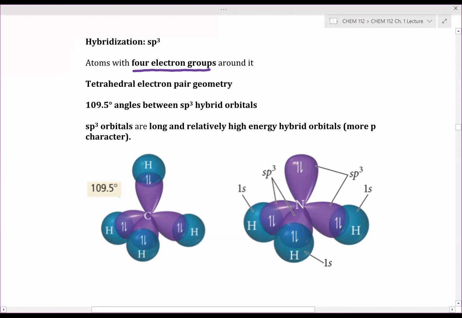The way that I like to think of an electron group is either a single bond or a lone pair. We're not concerned with double or triple bonds in the electron group counting method.